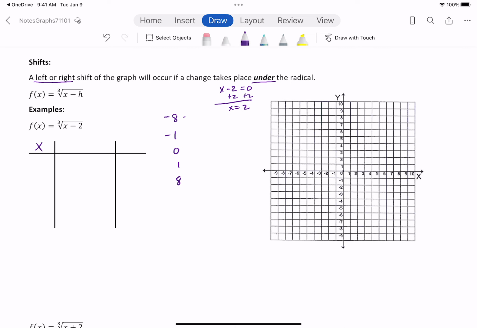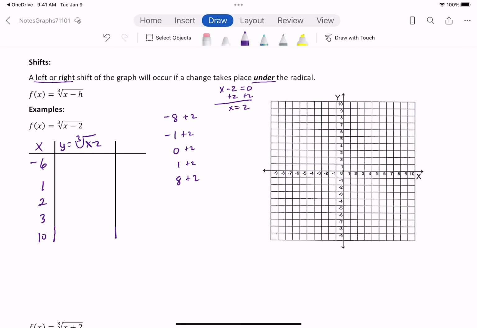So if I add 2 to each one of the perfect cubes we would have used, then I should get a perfect cube under my root. So let's see if that works. So negative 8 plus 2 would give me negative 6. Negative 1 plus 2 is 1. 0 plus 2 is 2. 1 plus 2 is 3. And 8 plus 2 is 10.